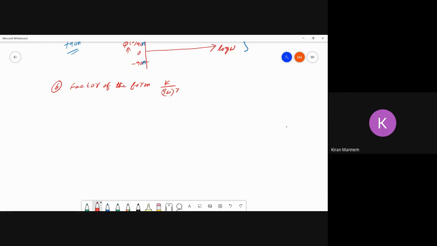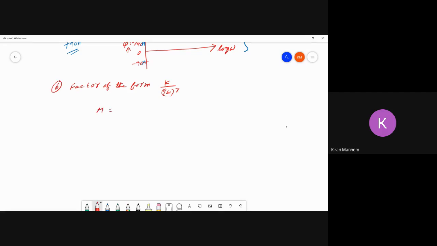You frequently find this factor, some gain by j omega all to the power of r. So how do you find the Bode plot of the form k by j omega all to the power of r? Again, let us proceed by finding the magnitude of this form.